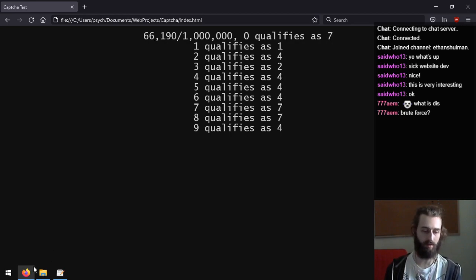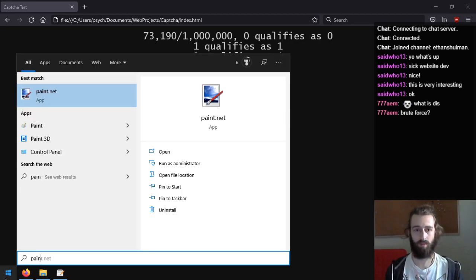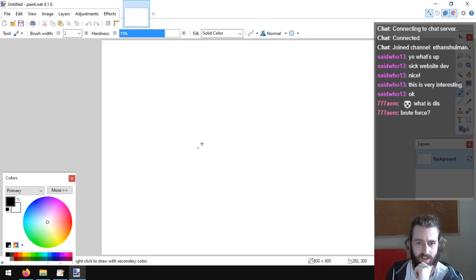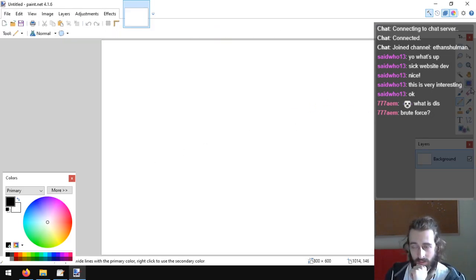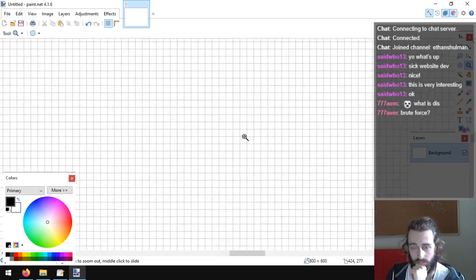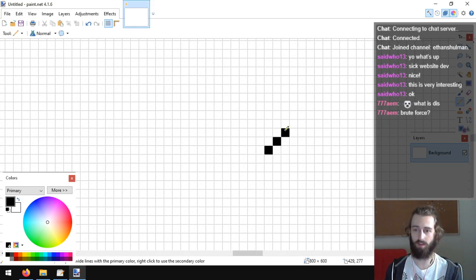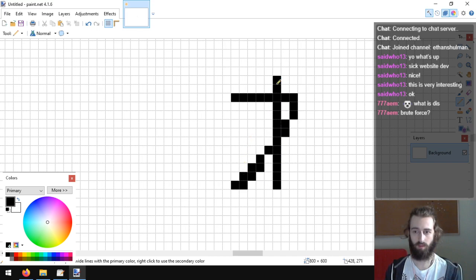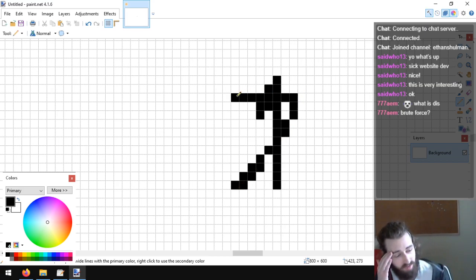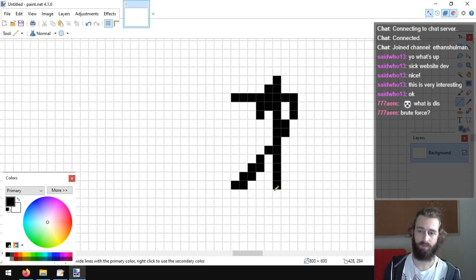I gotta think about this though, like, can the Matrix actually detect, so it's like if we've got like a 7 and then like a 1, it can like detect the 7 because the pixels are differently offset than the 1.